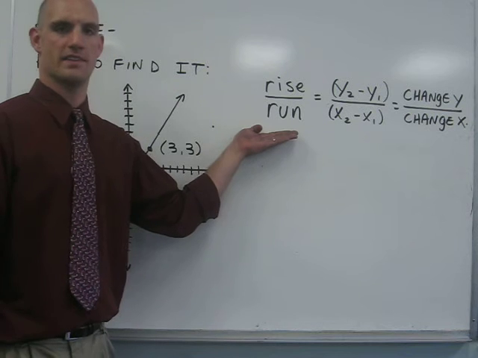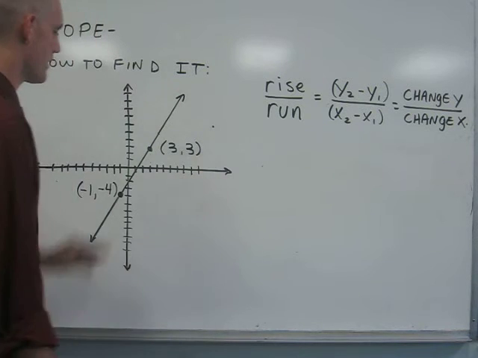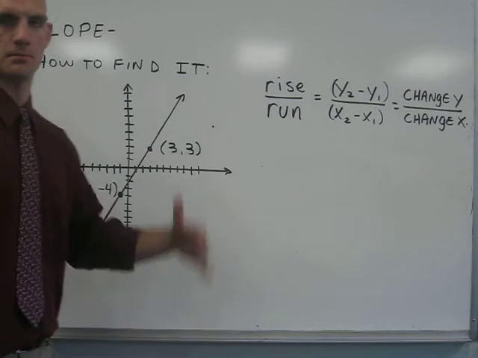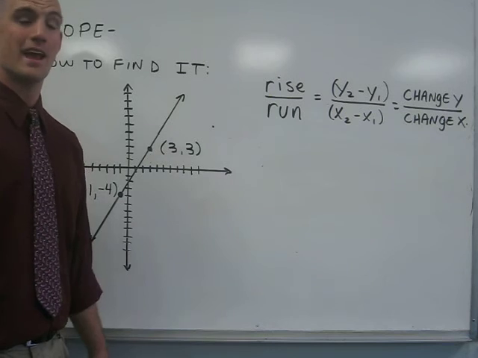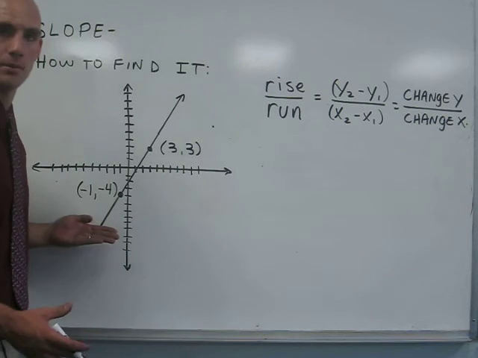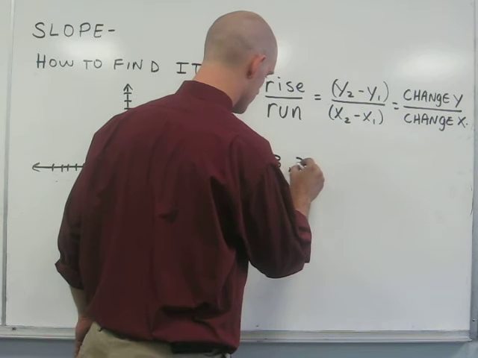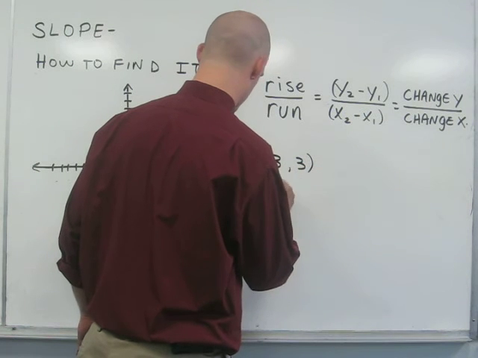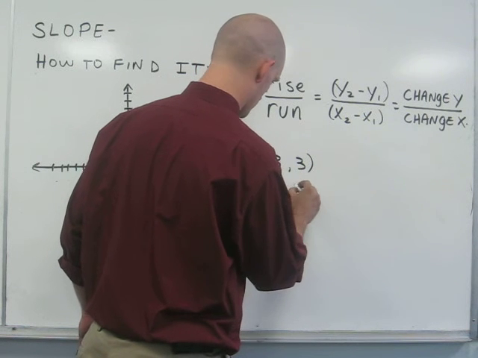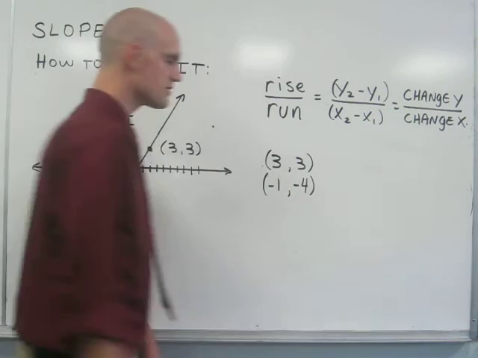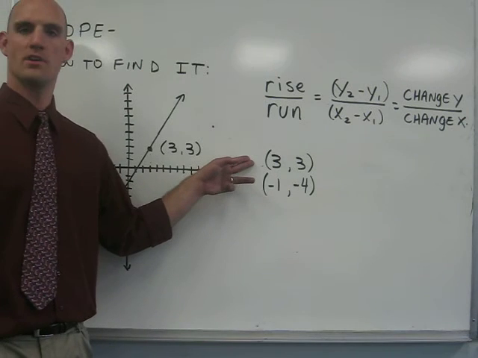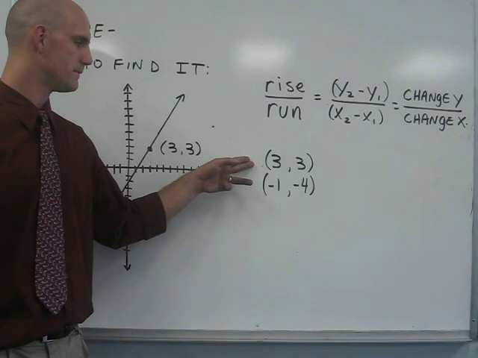In order to calculate this, I like to set up the points in a column in order to subtract easier. It doesn't matter which one you put on top. I've chosen to put (3, 3) on top, but once again, it doesn't matter which one you put on top.